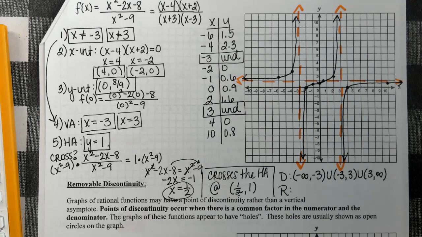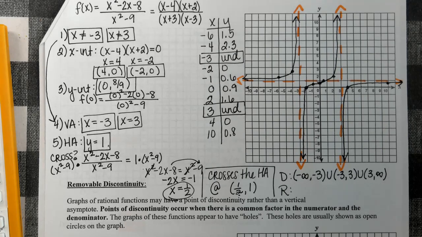Now, what about my range? What do you think the range is going to be? Do I have a restriction on my range? No. Why not? In which section?